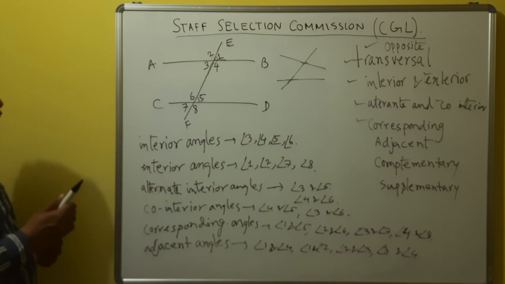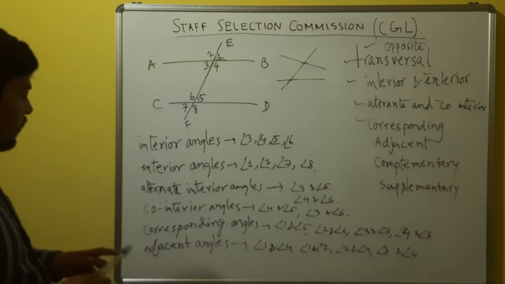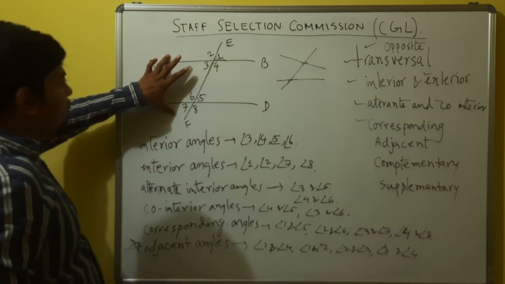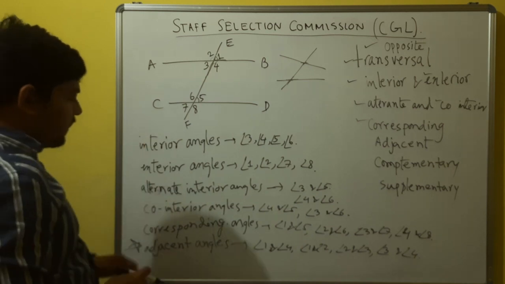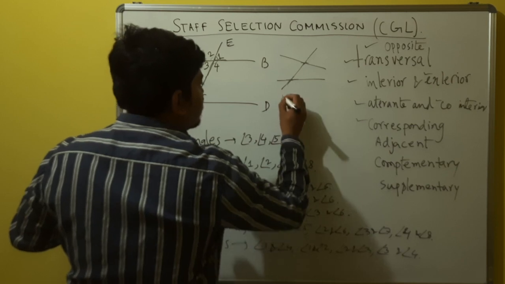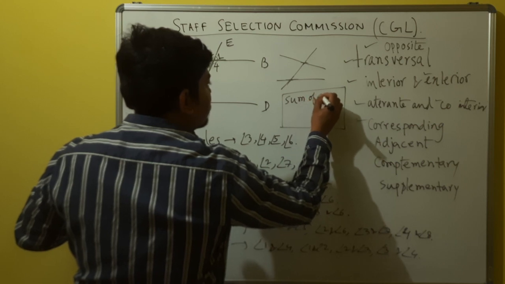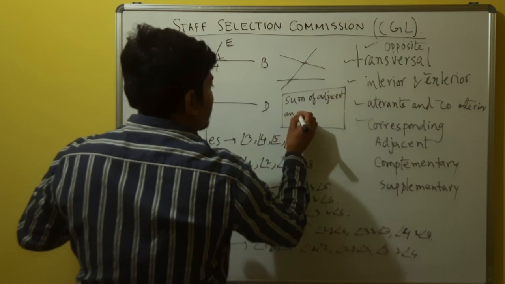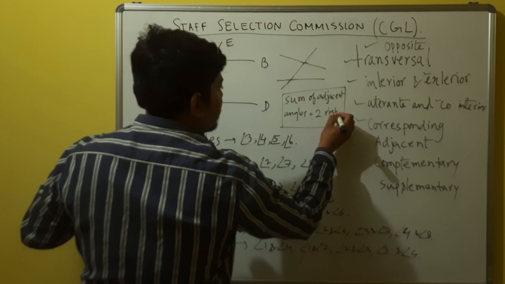Now there is another important property which is only true for adjacent angles. Whether you take this particular picture or this particular picture, in every case, let me write here: the sum of adjacent angles equals two right angles.